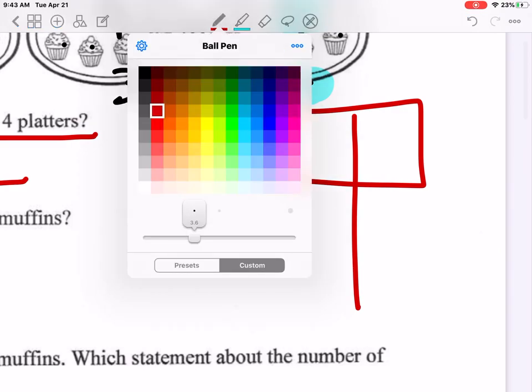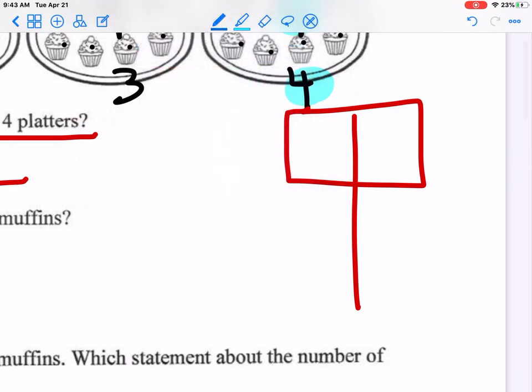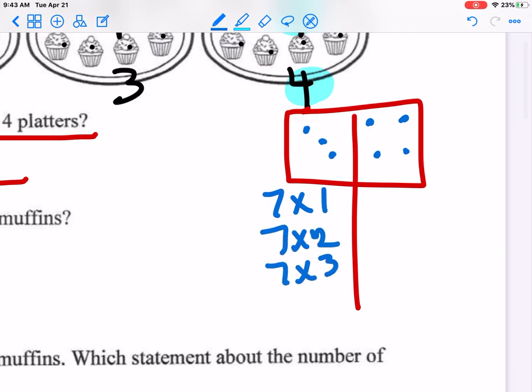And I'm going to use a bigger number to make it easier on me. 1, 2, 3, 4, 5, 6, 7. 7 times 1, 7 times 2, 7 times 3, and 7 times 4, because there were 4 platters. Any number times 1 equals the same number. So 7 times 1 equals 7.